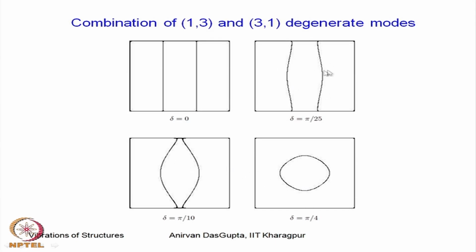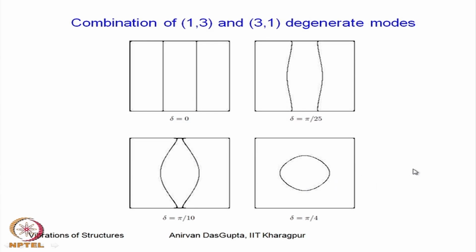then this rotated, and then this rotated, which means the nodal lines will be horizontal for delta equal to pi over 2. So, when a square membrane vibrates in this combination, you will see the nodal line patterns changing continuously through these shapes.